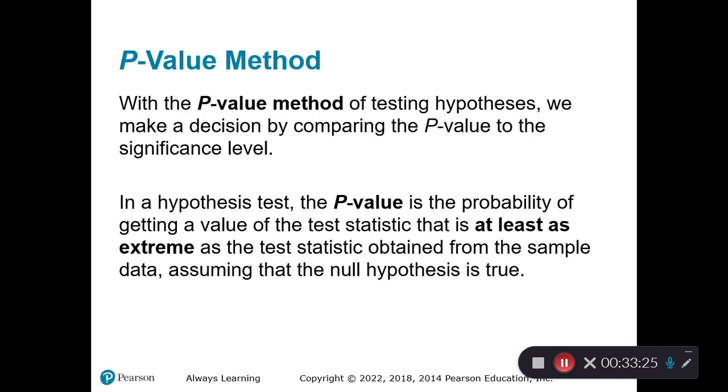If the test statistic puts us in the left tail, then we're looking at area to the left. So we're looking at the area or the proportion that exceeds that test statistic. If we're looking at a two-tailed test, then we're going to take the area either in the left or the right tail and multiply it by 2 because of symmetry. We're going to see this played out in the next few slides.